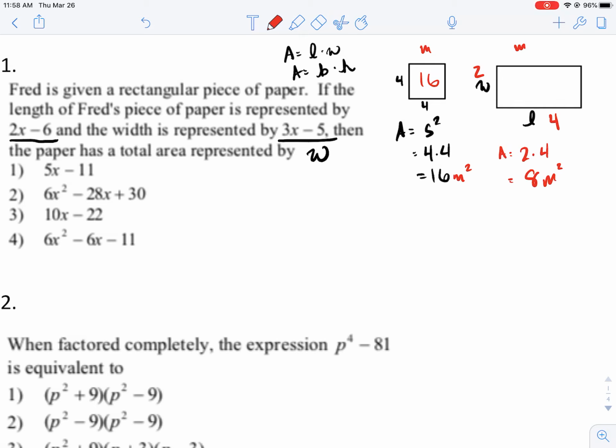Now, we're not actually given any numbers over here. We are given a couple binomials, but our process is still the same. So let me draw a rectangle again here.